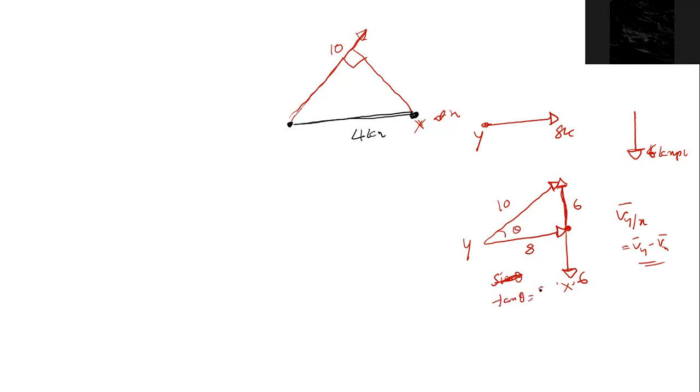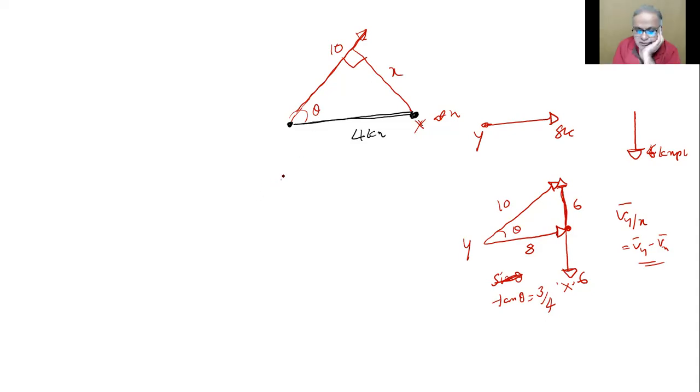Tan theta equals how much from here? 3/4. The same theta will be there here also, no? So call it x. Now 3/4 is equal to what?